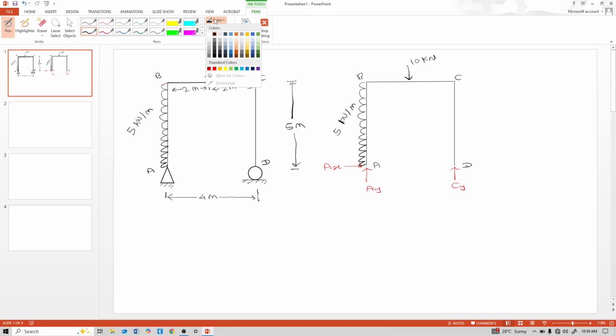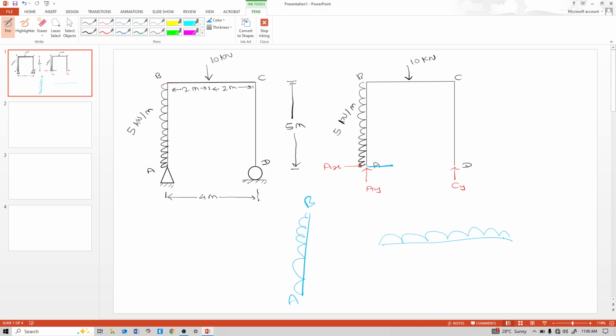Now first judge the shear force diagram of this frame structure. So see, due to the A reaction, some shear generates, AX shear generates at this point A. If this AB element is like this, just see this element like our beam AB.